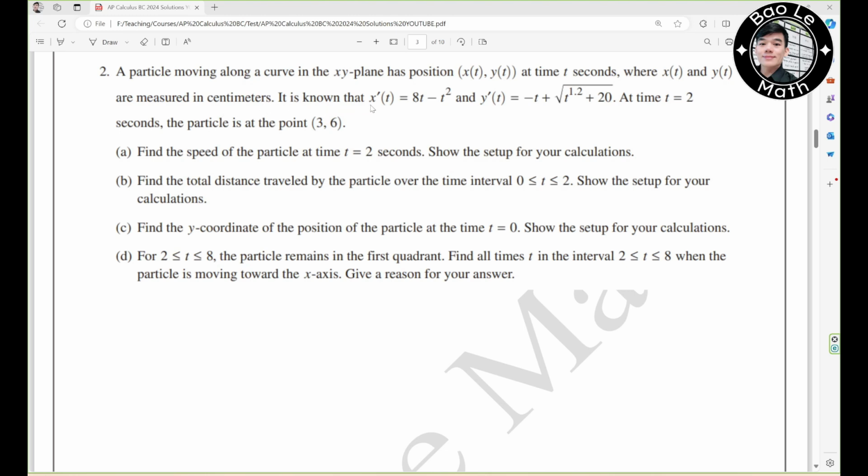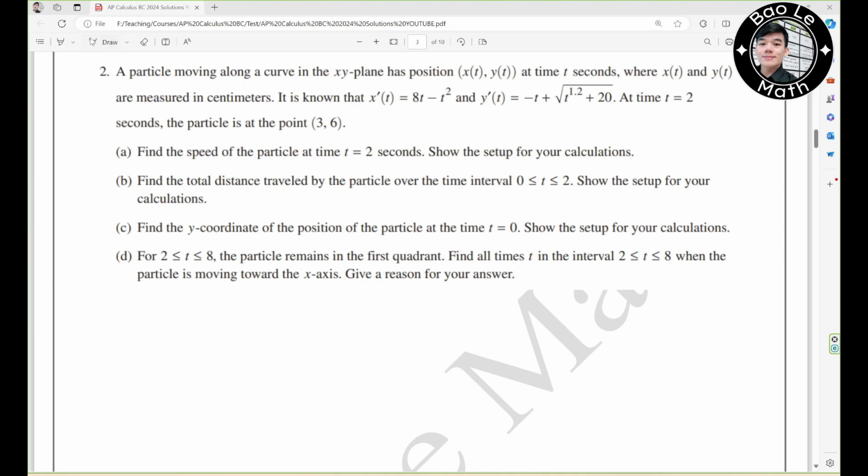It's known that x prime of t equals 8t minus t squared, and y prime of t equals negative t plus the square root of t to the 1.2 plus 20. At time t equals 2 seconds, the particle is at the point (3, 6). Find the speed of the particle at time t equals 2 seconds. Show the setup for your calculations.